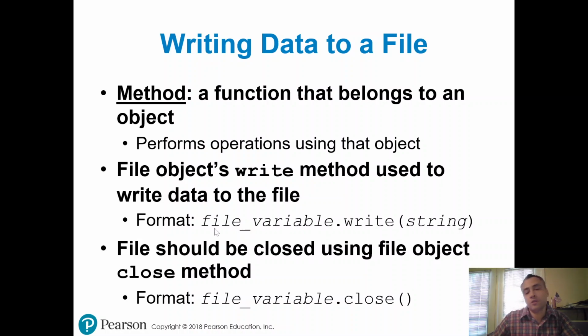For example, we used turtle dot forward and distance. So turtle was an object stored in the module, and forward was a function, a method of that object. So a method is different from a general function. A method is always changing the object in place. So it doesn't create a new copy of an object. That's a way to change the object in place.